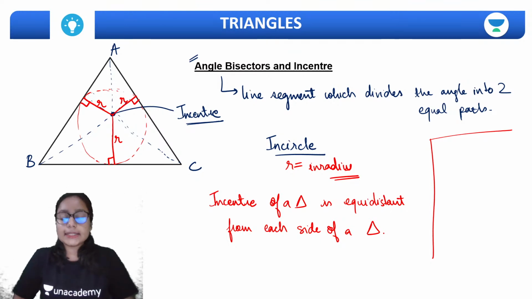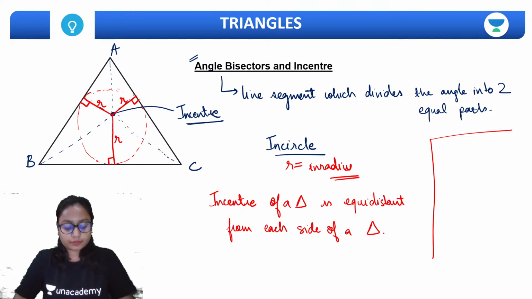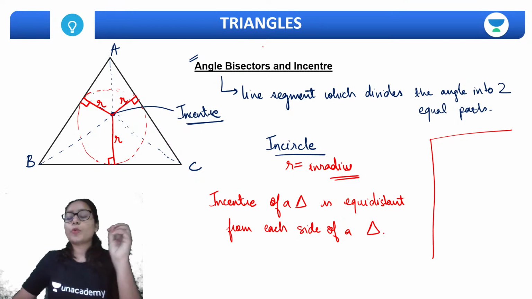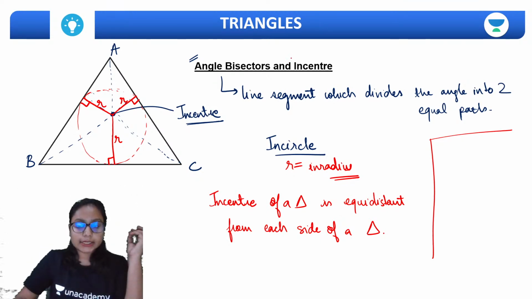What about incenter? Incenter is the intersection of angle bisectors. So I hope all these four centers of a triangle and their properties are clear to everyone.